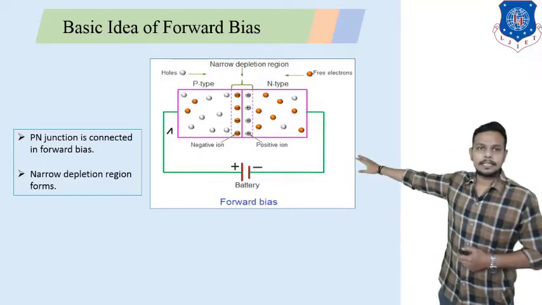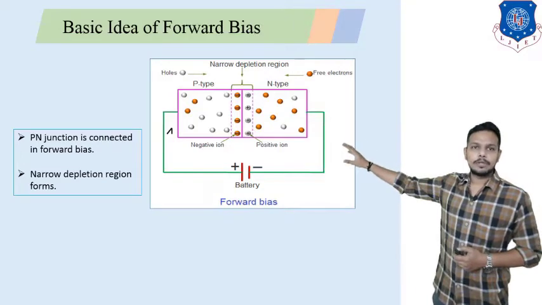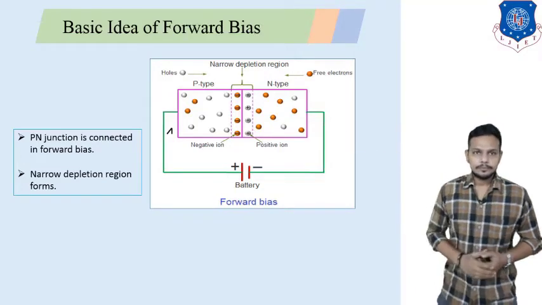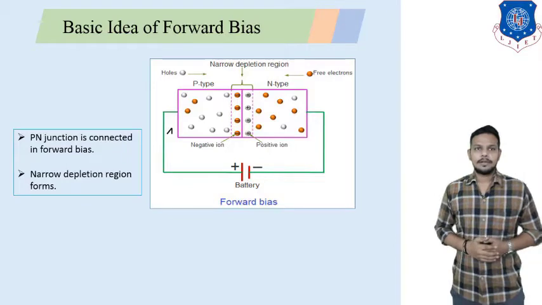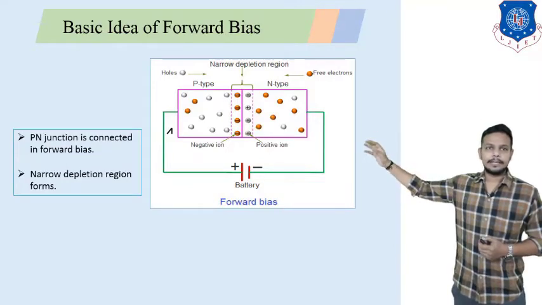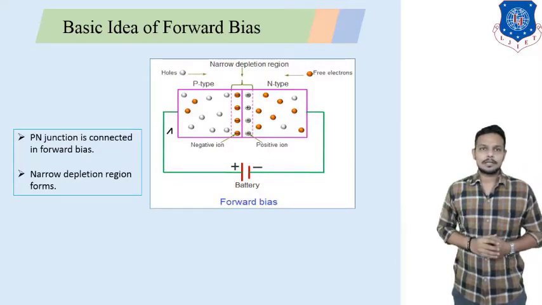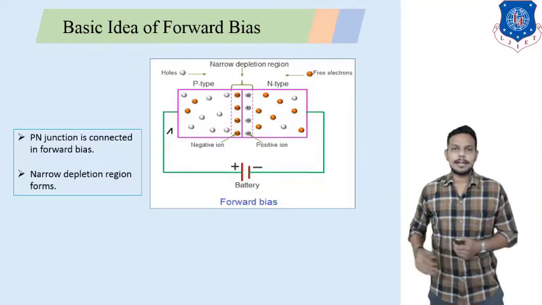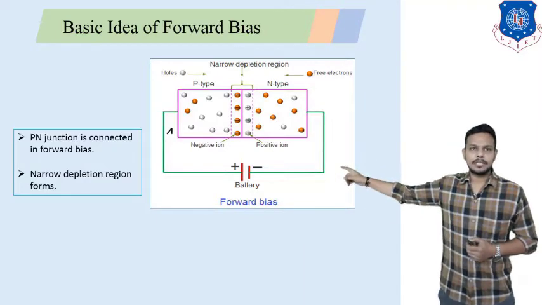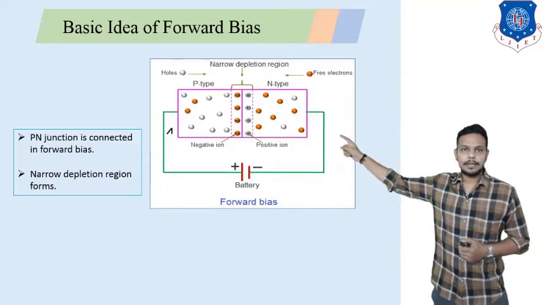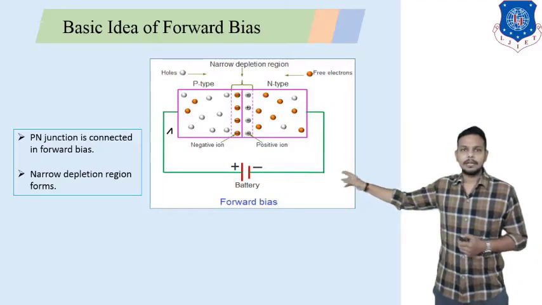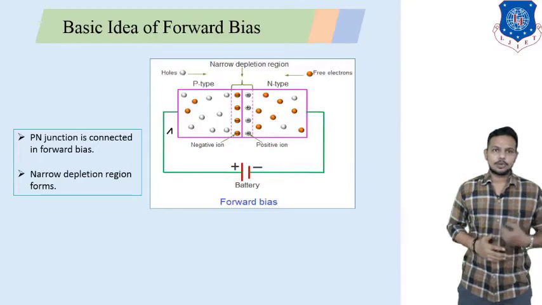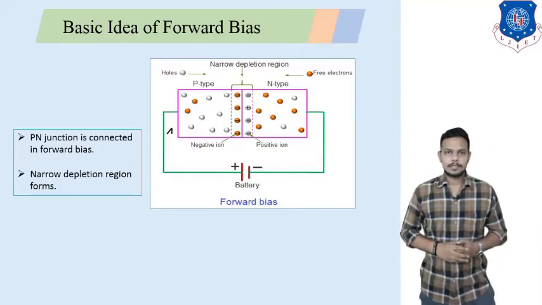So here we can see this is the biasing of PN junction diode, in which we are connecting it in forward bias. How it is forward bias? Because we are connecting positive terminal with the p-type material and negative terminal with the n-type material. So it becomes forward bias.